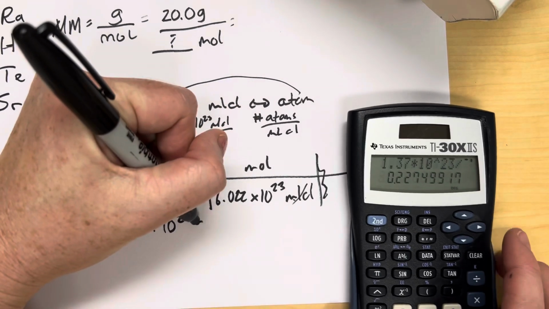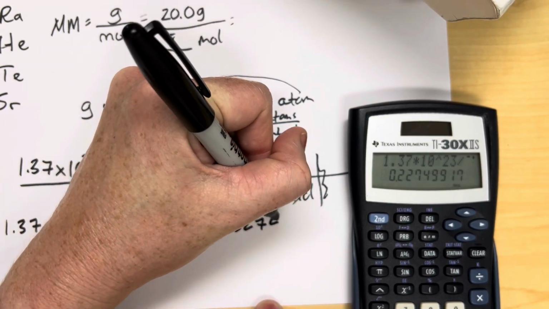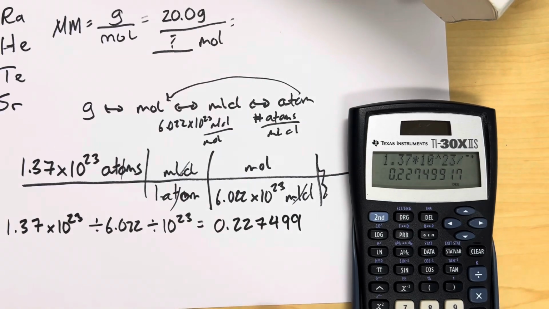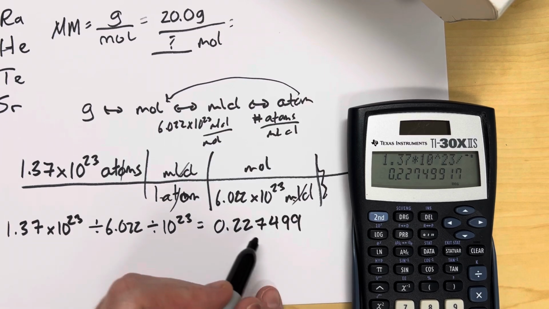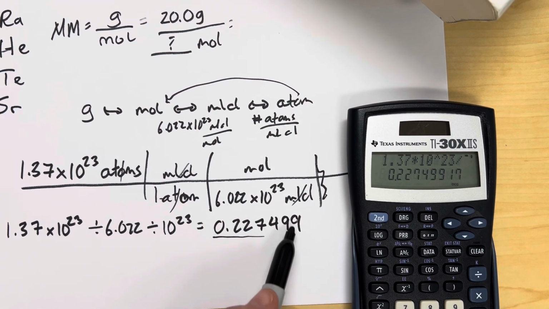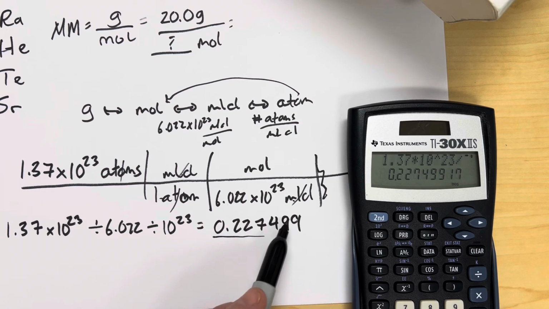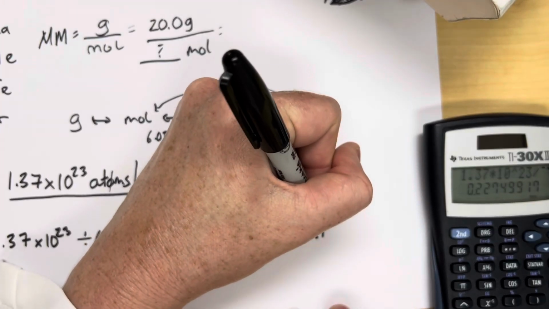And I get an answer of 0.227499. The reason I kept all these numbers, we have 3 sig figs, and I want to keep some extra numbers. Again, I could have put a 50 here. So this gives us the total number of moles.